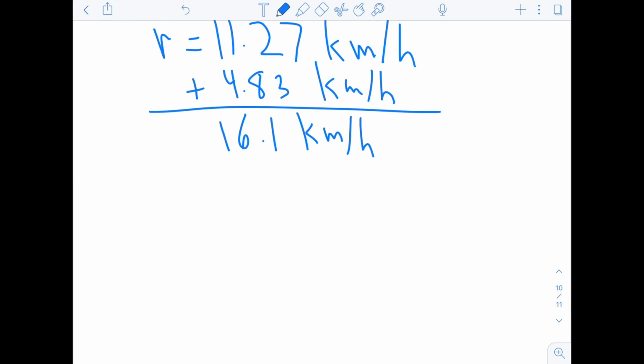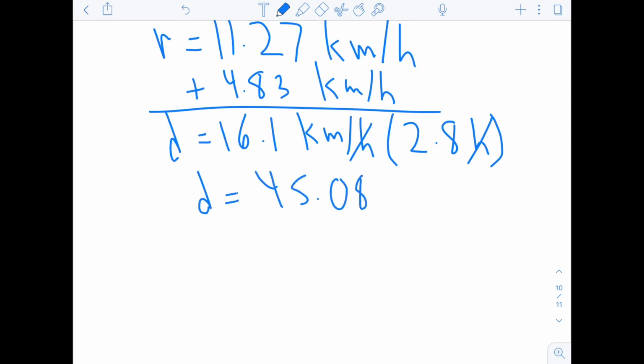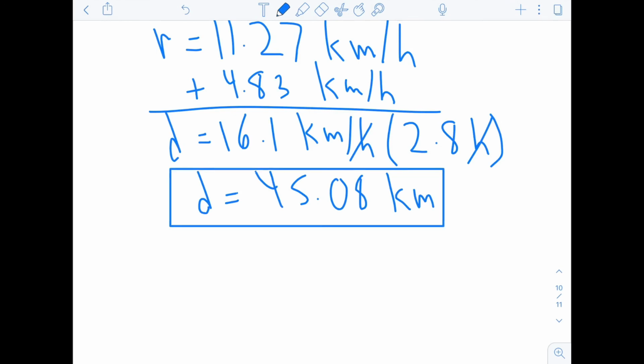So if we multiply the rate by the time, which is 2.8 hours, we should get the same distance. So hours would cancel out, and 2.8 times 16.1 is 45.08 kilometers. So you get the same distance upstream and downstream. So our solution is reasonable.